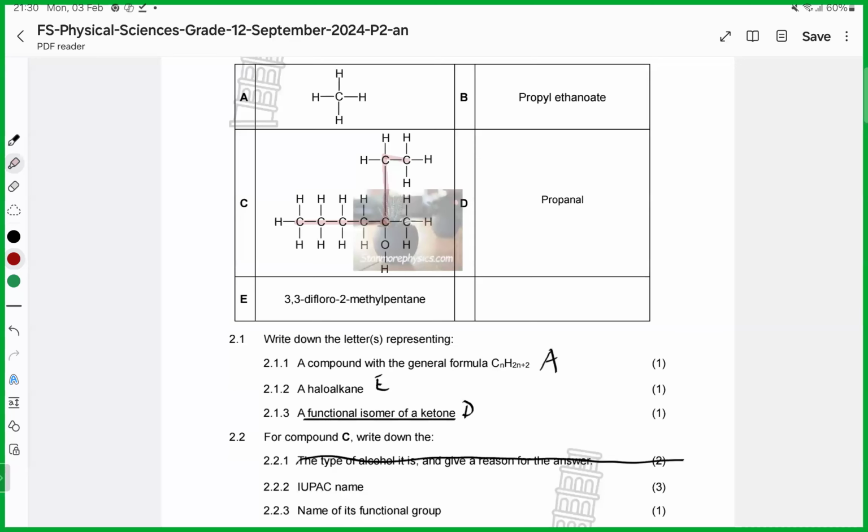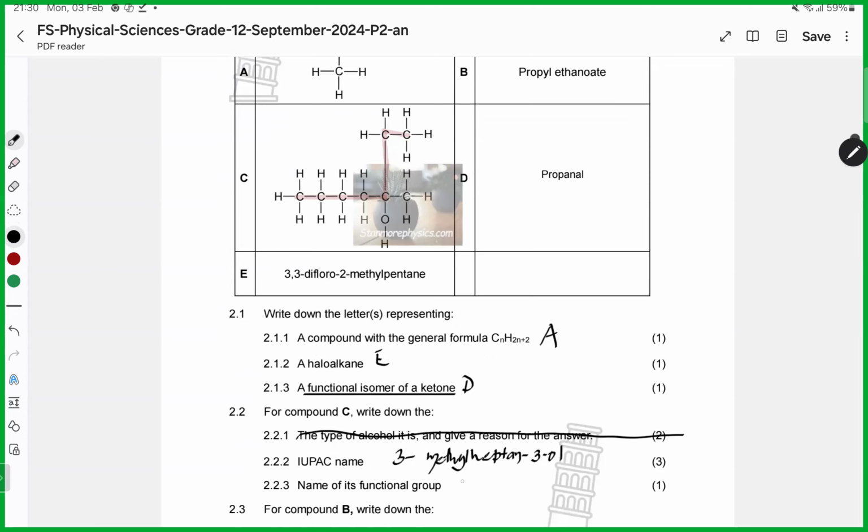But it's easy to give the name now. 3-methylheptan-3-ol. Very good. 3-methylheptan-3-ol. The name of its functional group? Hydroxyl.